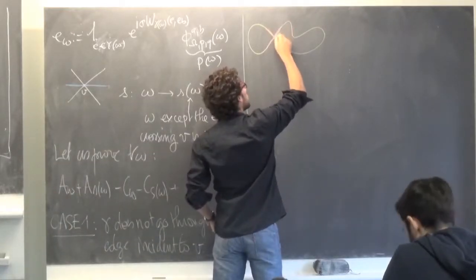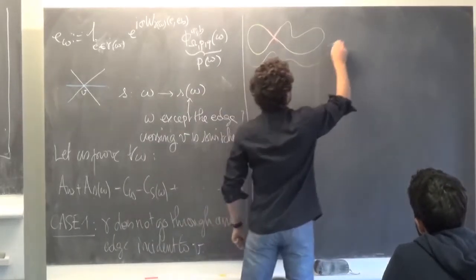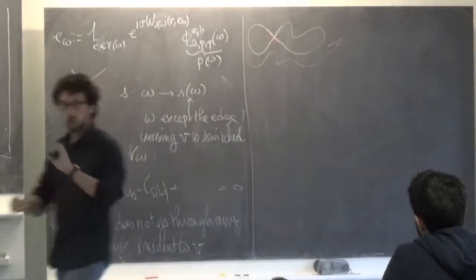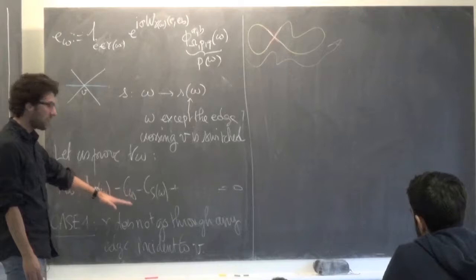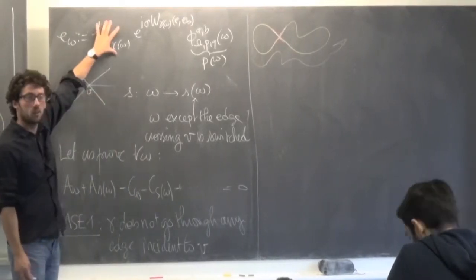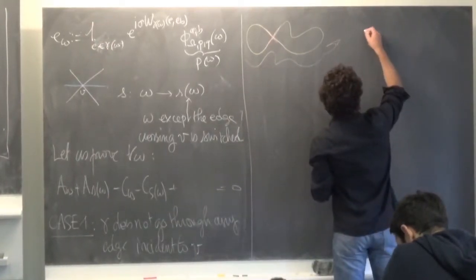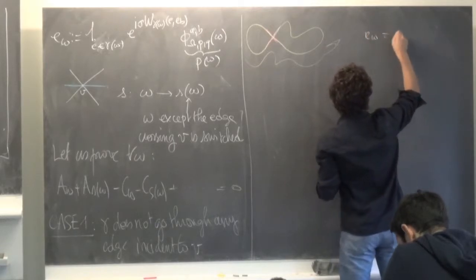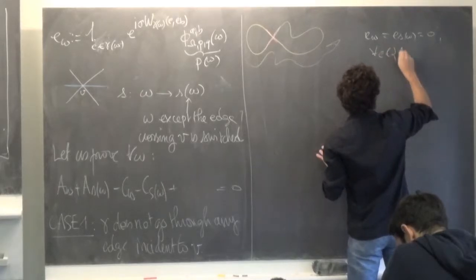So maybe it looks like that. Okay? But the exploration path is going somewhere else. You see that if you switch the state of the edge, the exploration path is not going to go through the vertex V either. So in both cases, for omega and for S of omega, every single contribution is 0 because of this term. So you get E of omega equal E of S of omega equals 0 for every E in A, B, C, D.